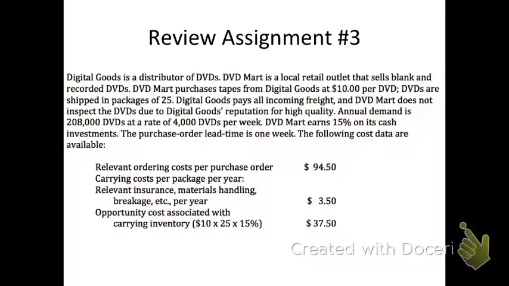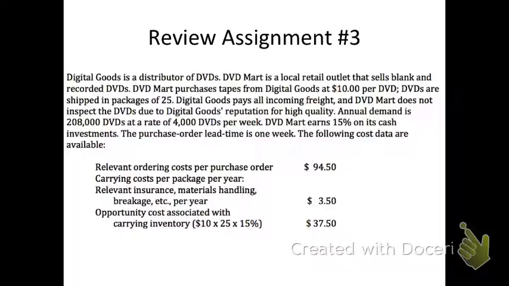So every package has 25 DVDs. The annual demand is 208,000 DVDs, but in terms of packages, I take the 208,000 divided by 25, and my demand is actually 8,320, which we'll use in a second. We sell them at a rate of 4,000 DVDs per week. Again, if I divide that by 25, that turns out to be 160 packages per week.